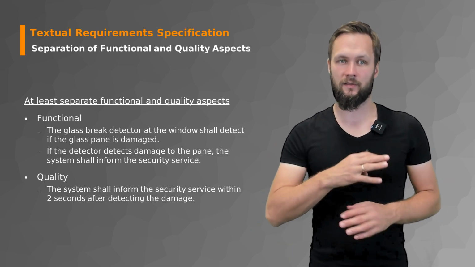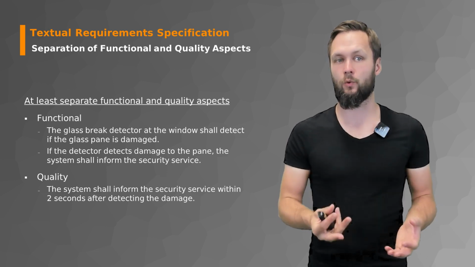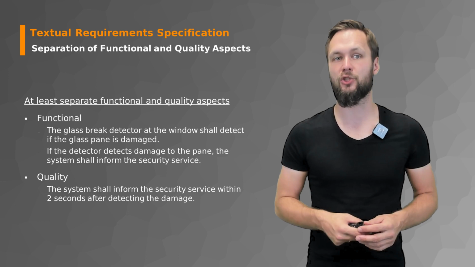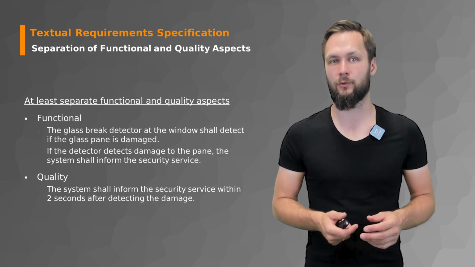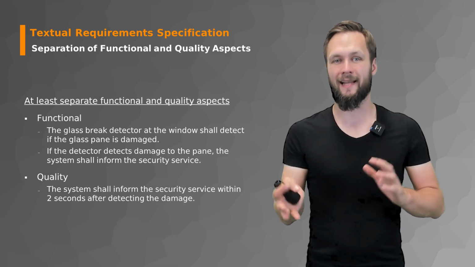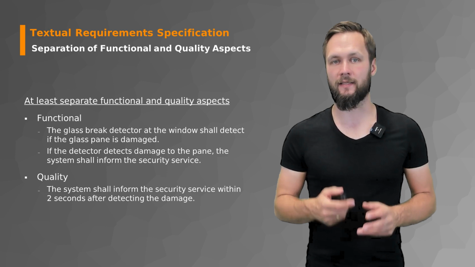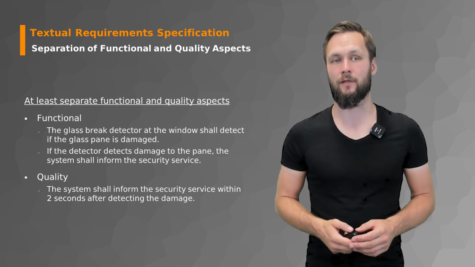And then, completely separately from the functional aspects, you tell us what the quality requirements are. The system shall inform the security service within 2 seconds after detecting the damage. It's a very clear separation, less messy, not so much being mixed together, making it more difficult to understand the whole context.